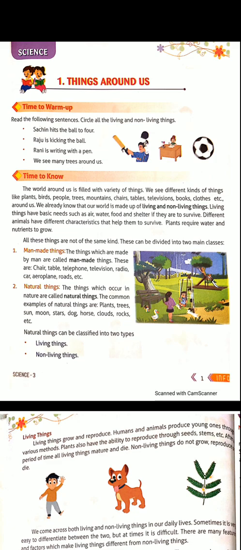See, tree is a natural thing. We will cut the tree, take the wood of the tree, cut it into pieces and prepare a chair. So chair is a man-made thing, but tree is a natural thing. You are understanding, no? So things which are already present in nature are called natural things.